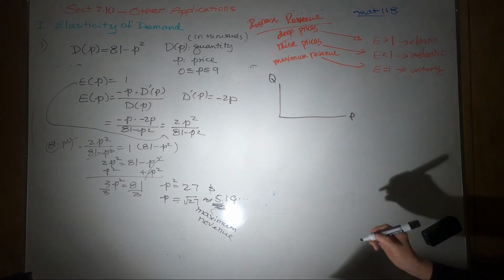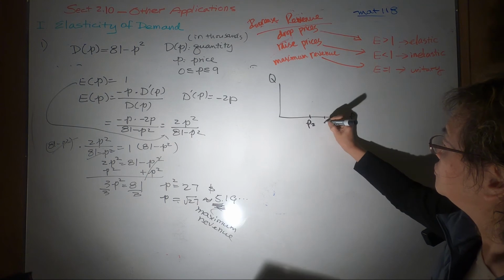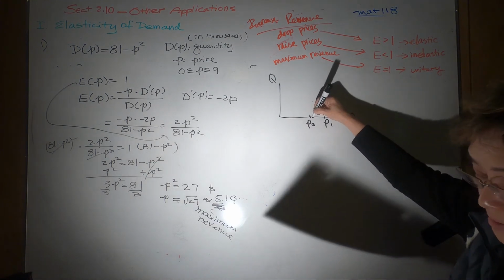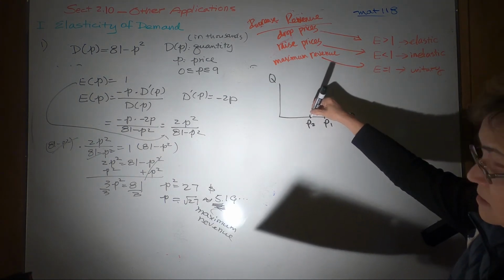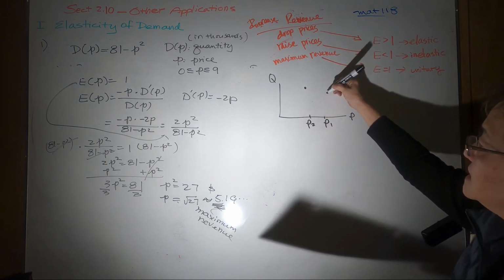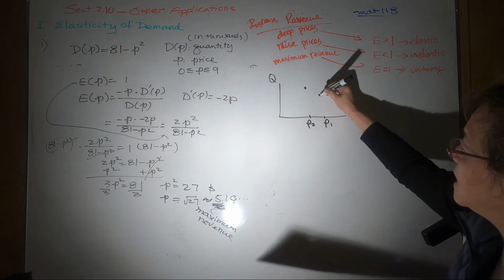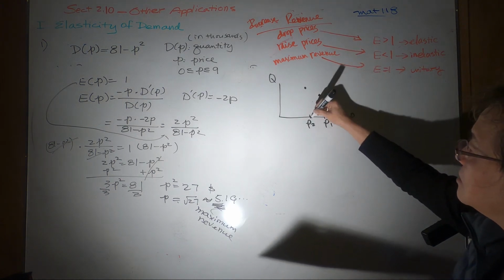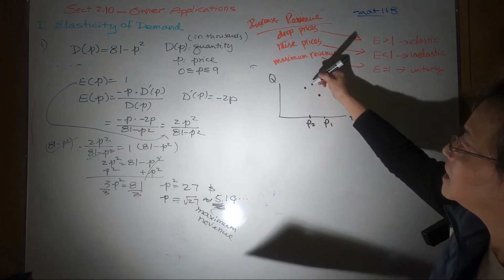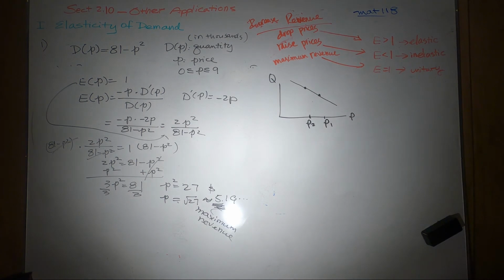So if your price drops from P2 to P1, when price is low, then you have higher quantities. When price is high, you have lower quantity. When price is lower, you have higher demand. So your graph will look like that, okay?